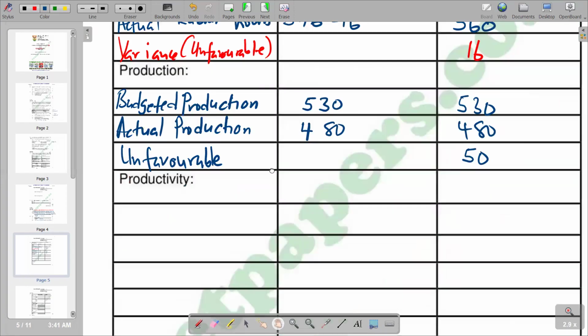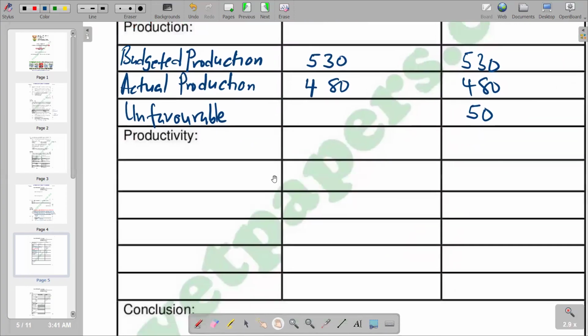Then we go to productivity. So on productivity report, we are going to calculate now. Remember, productivity report, we are trying to evaluate the employee's performance. It's an evaluation of the employee's performance.